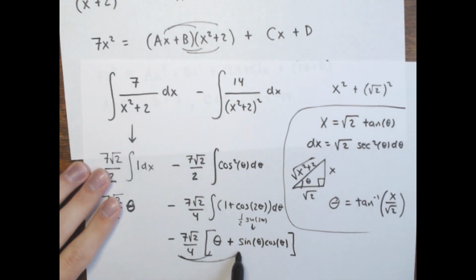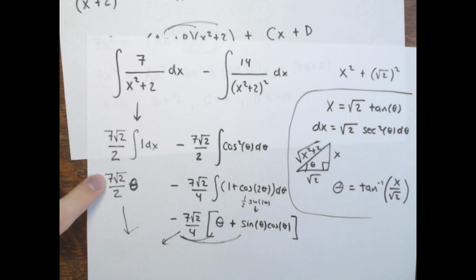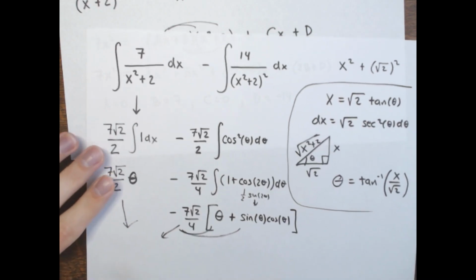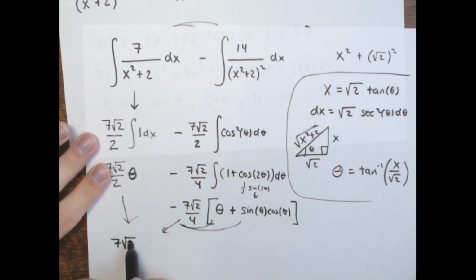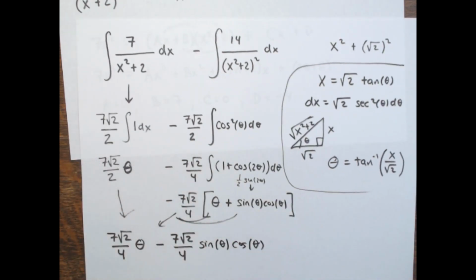Now distributing this, I can put the theta terms together: 14 root 2 over 4 minus 7 root 2 over 4 is positive 7 root 2 over 4 times theta, minus 7 root 2 over 4 times sine theta cosine theta, and then we'll put everything in terms of x. I know I rushed this one, but it is very similar to the previous example.